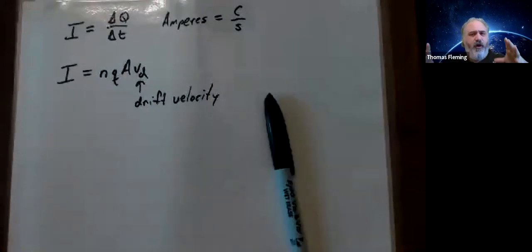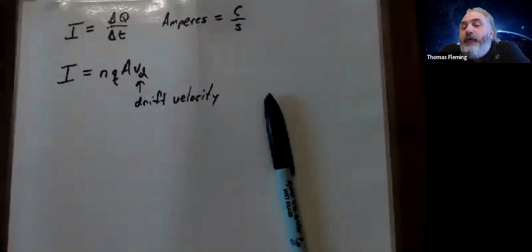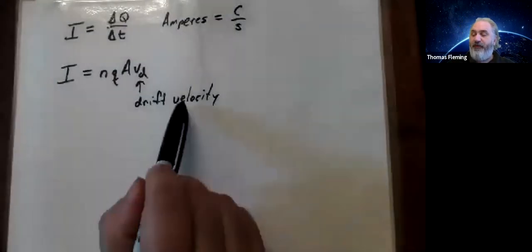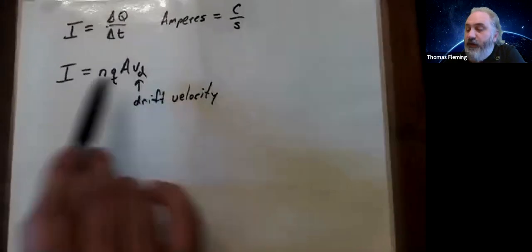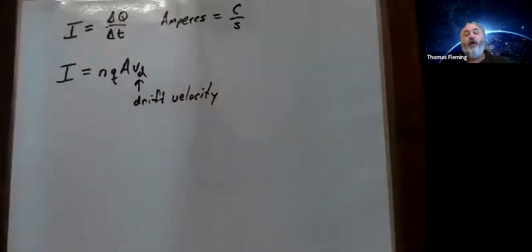Most of the electrons are tightly bound to their individual atoms, but some fraction are so loosely bound that they can hop easily from place to place. They're the ones that move around and cause current. If you look at the average velocity of those electrons inside the wire, we call that the drift velocity. And the faster those electrons are moving, the more electrons per second go past you. So there was a relationship between the current and the drift velocity.